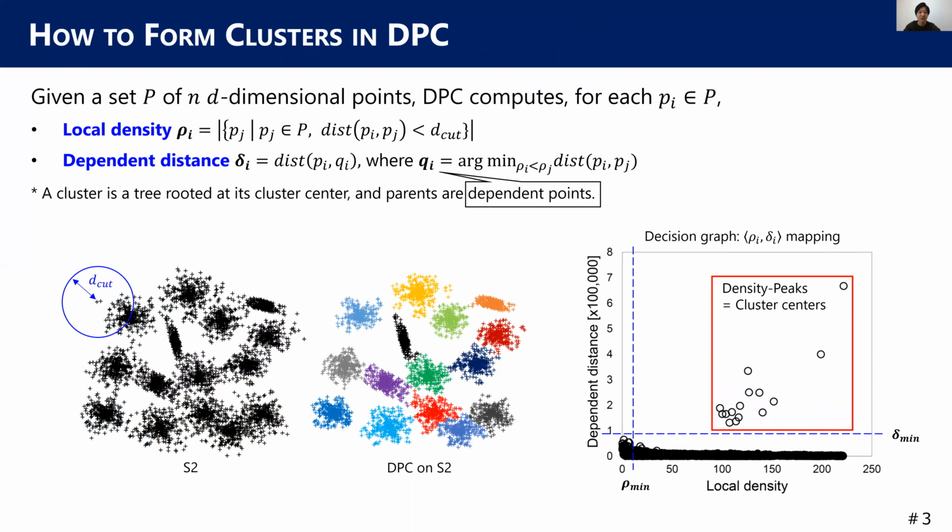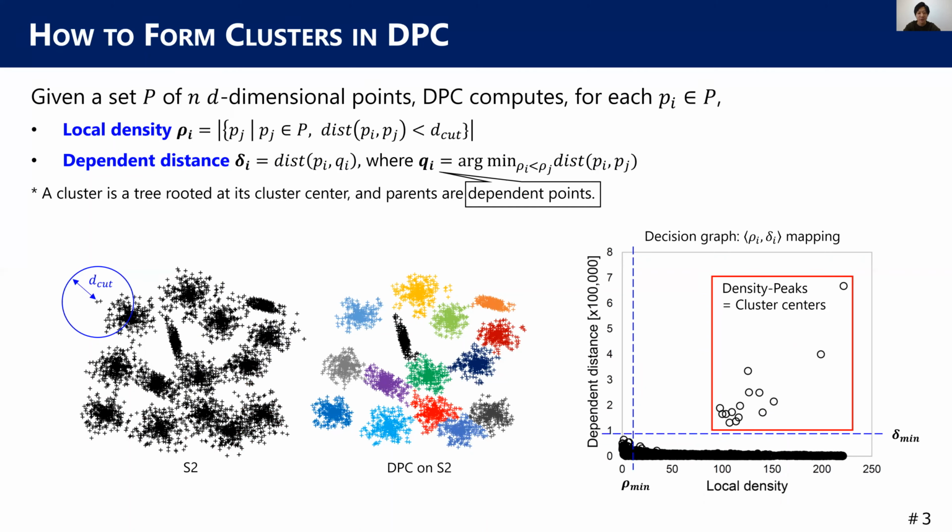Let's see the definition of DPC. Here, assume that we have n d-dimensional points. DPC forms clusters based on two criteria, local density and dependent distance. The local density of Pi is the number of other points with distance less than dcut. Dcut is a domain-specific distance threshold.